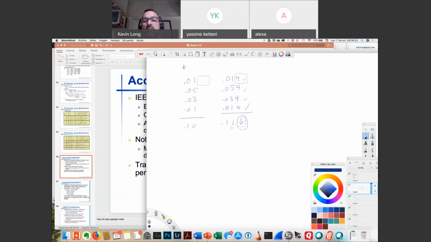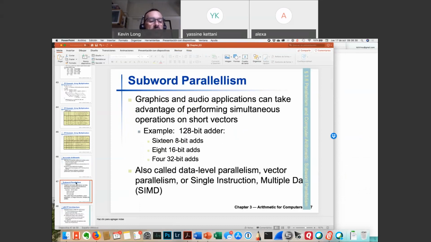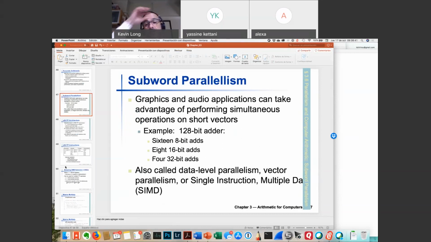Because not only did I get a different result, but I would even get another one still, depending on the rounding mode that I chose. So those can be called guard bits or rounding bits or sticky bits or extra bits, however you want to refer to them. Good implementations will implement things like that.